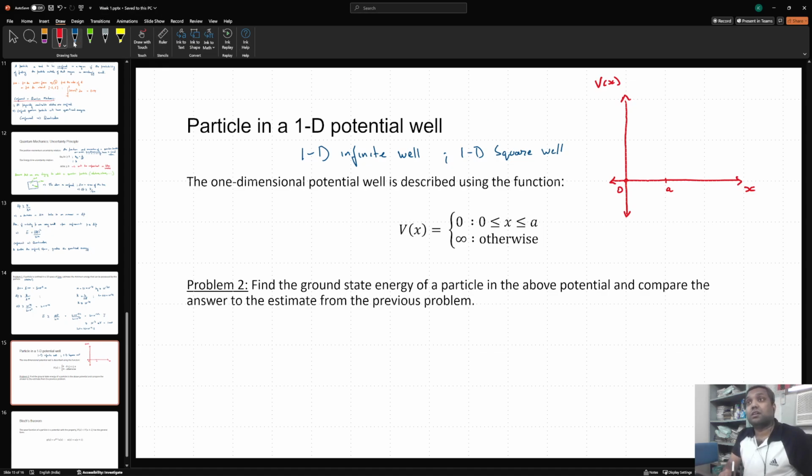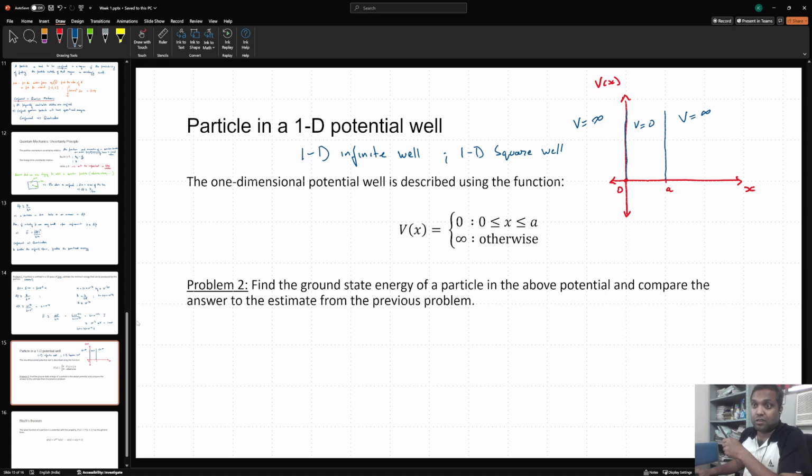So what this means is there is a barrier here at x equal to 0 and a barrier here at x equal to a, and I define three regions where here v is infinite, v is infinite, and in the middle v is equal to 0. So this is one way of defining a one-dimensional confinement.